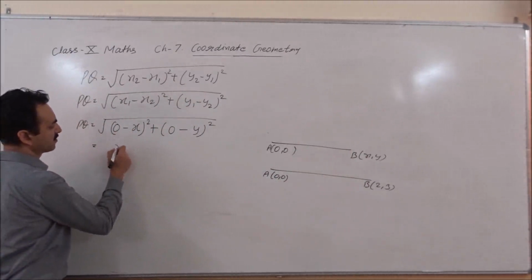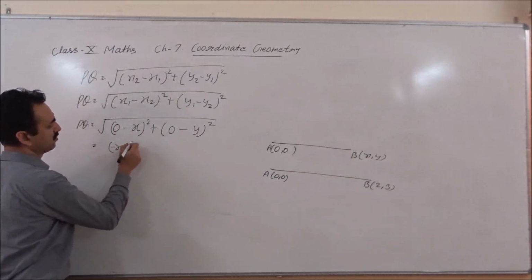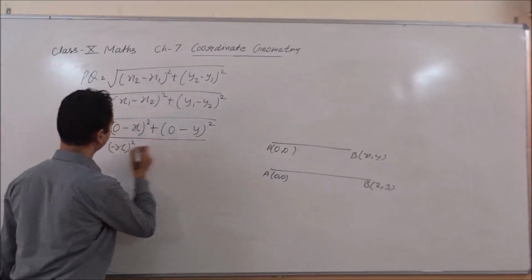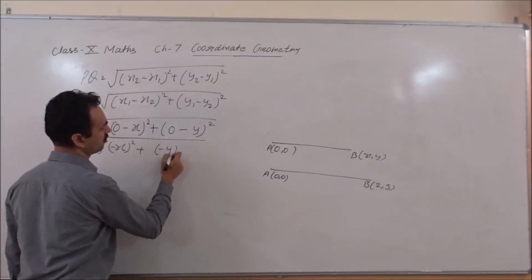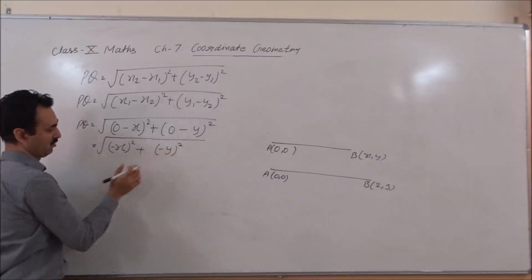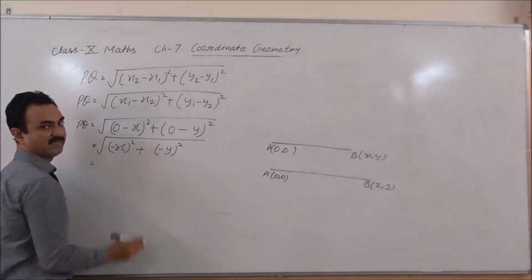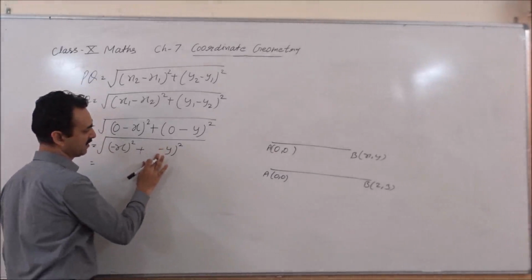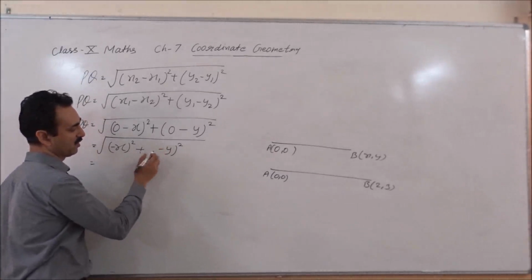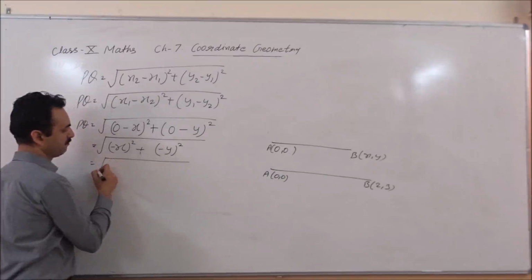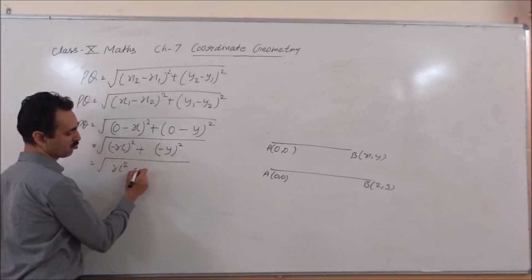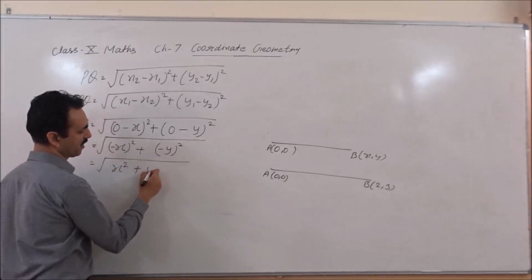So we get (0 minus x) square plus (0 minus y) whole square, in brackets. Don't multiply this minus here. If you write it without brackets, we would multiply plus minus minus, but that is wrong, so I am writing it in the bracket. Minus x square is also written as x square, and the same for y square.